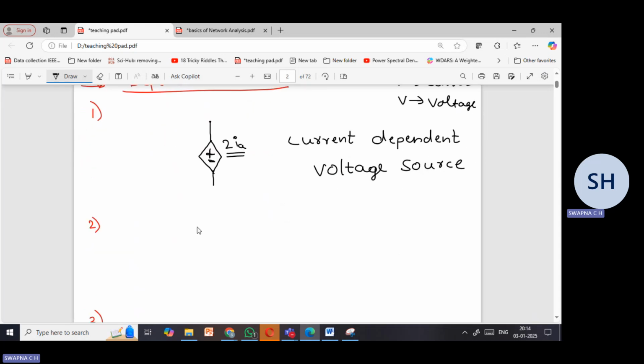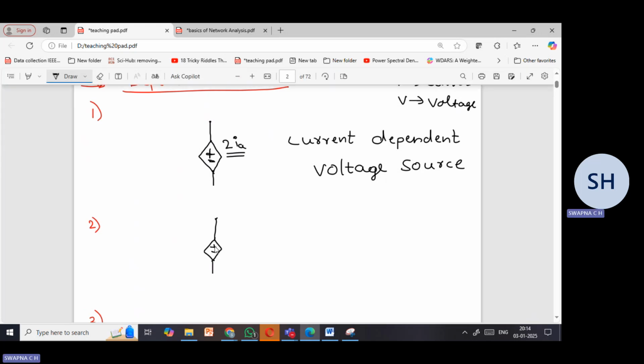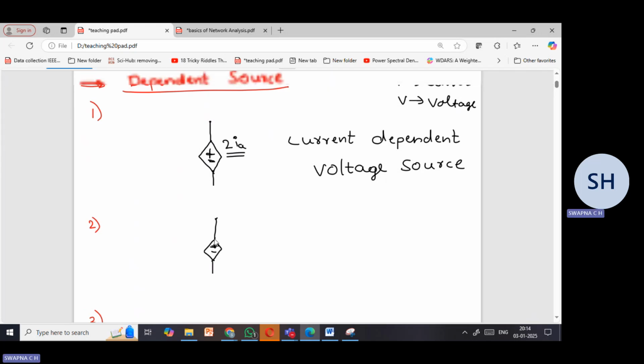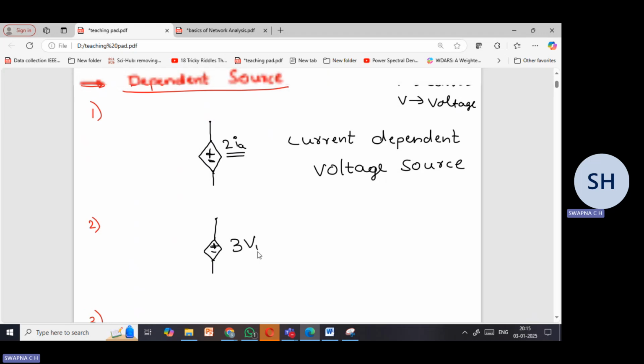In the same way, I have a voltage source. As I've already mentioned, plus minus always indicates a voltage source. If the value here is like 3VB, V indicates voltage. From the symbol, it is very clear that it is a voltage source. But on what is it depending? It is depending on VB, which is nothing but a voltage value.